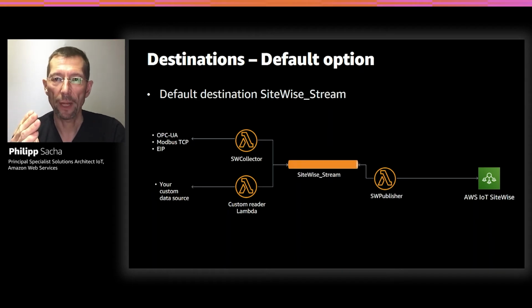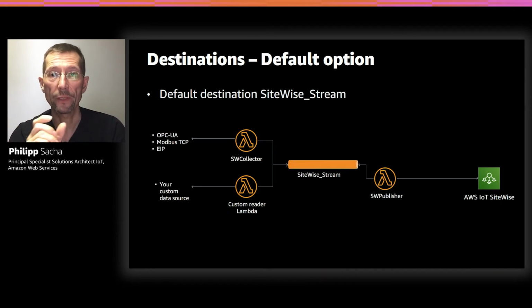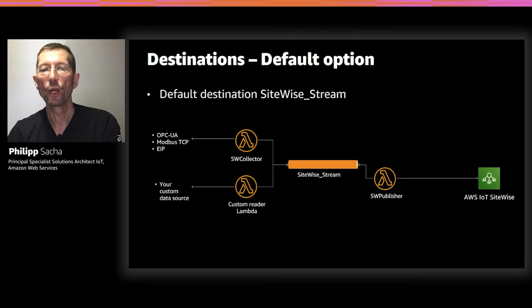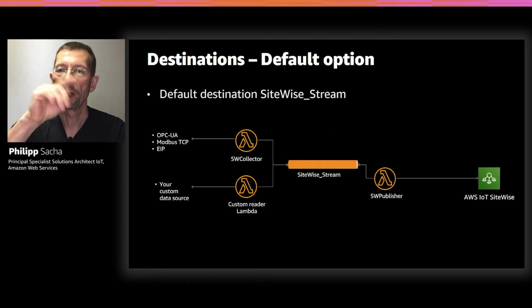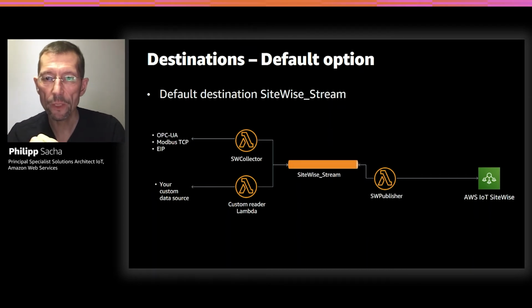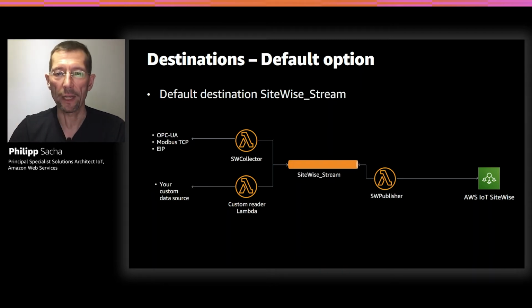Then you have another Lambda function that is also part of the SiteWise connector. That is a so-called publisher or writer Lambda function. And this Lambda function reads data from the SiteWise stream and transfers the data to the AWS IoT SiteWise data store in the cloud.